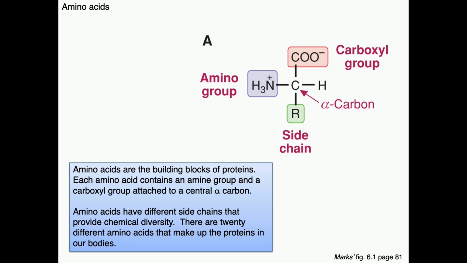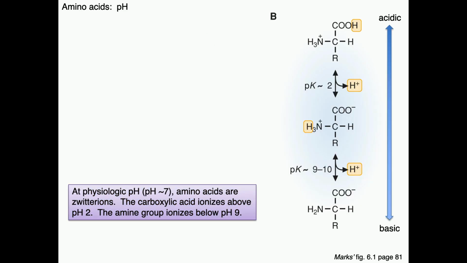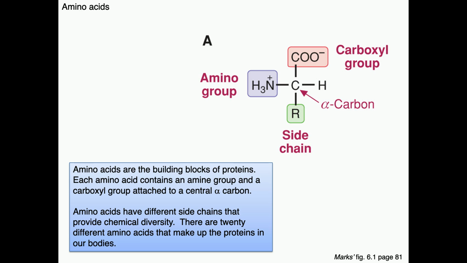I'll probably go through this pretty quickly because I would hope you've had it in other contexts. You'll notice here there's a plus on the amine group and a minus on the carboxylic acid group. This is showing the ionization state of the nitrogen and the carboxylic acid at neutral pH or near neutral pH.